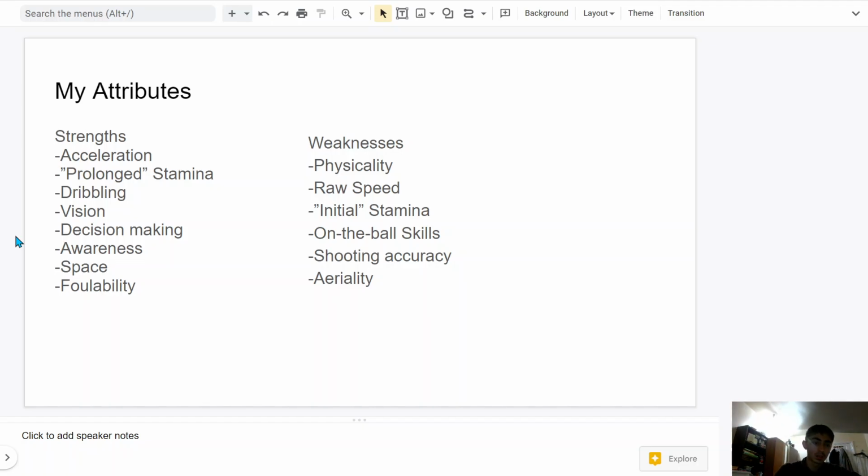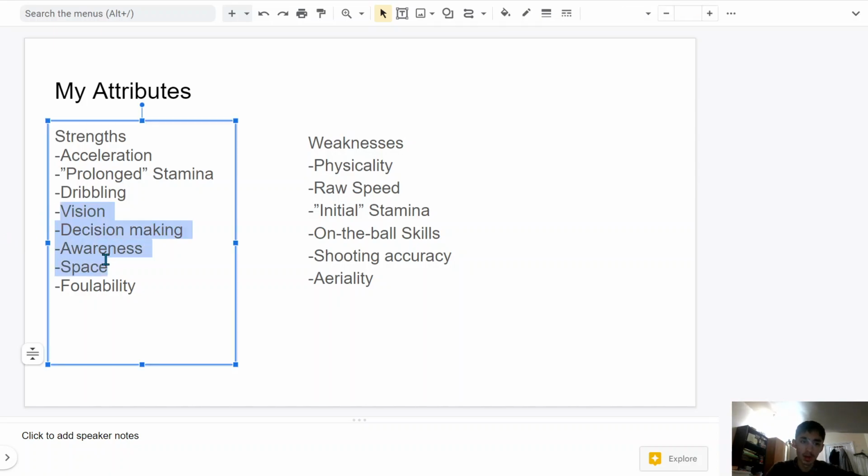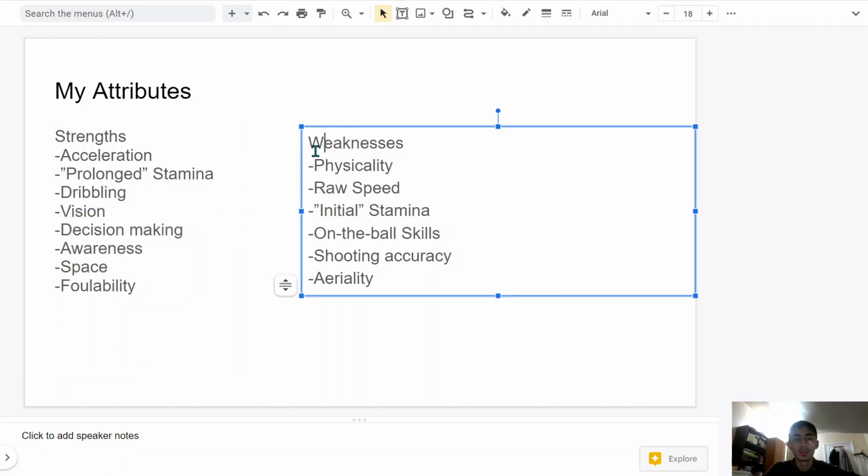So all of these fit in well with my role, and if you're a winger, you really need these. Dribbling is good too, and you need a little bit of speed, which I have. I have the ability to run past the slower people, but anybody faster than that, even the mediocre ones, I struggle with.